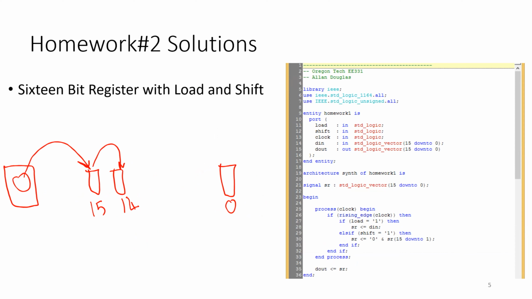After 16 clock cycles, everything will be 0 because I'm concatenating 0. I don't have a stream of inputs. After 16, all will be 0 unless I load a new 16-bit. So this is parallel in, and you can call it serial out.